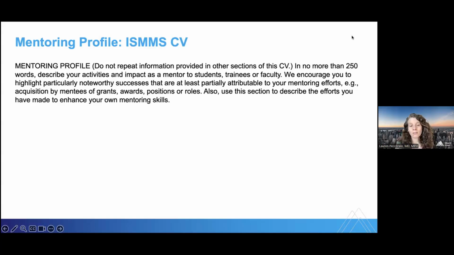So it's there because it's a value and we want people to be doing it. And so think about any activity that you've done that has shown mentorship as a value, right? It could be that you've hosted students in your practice, or that you have students in your research.